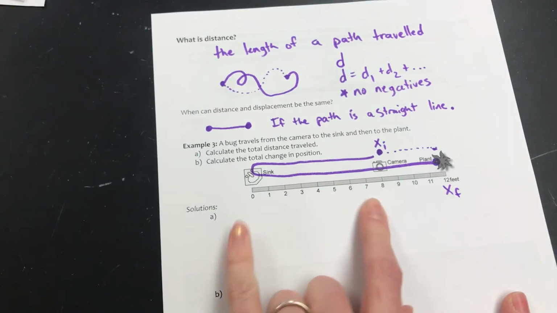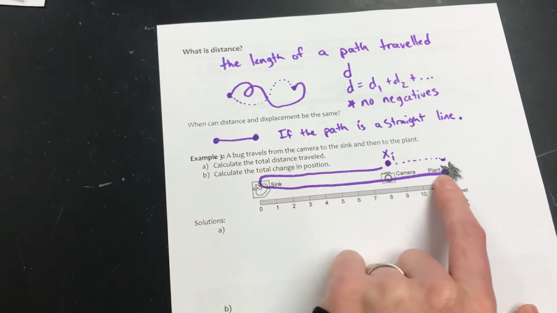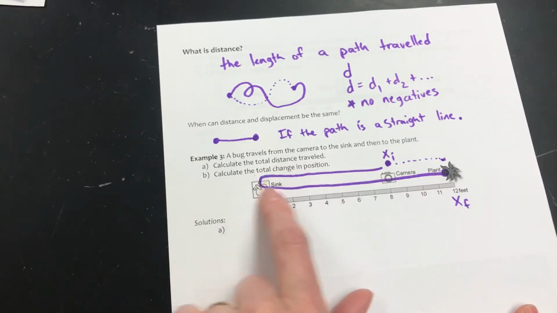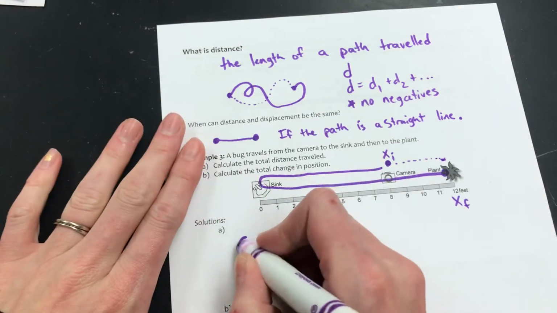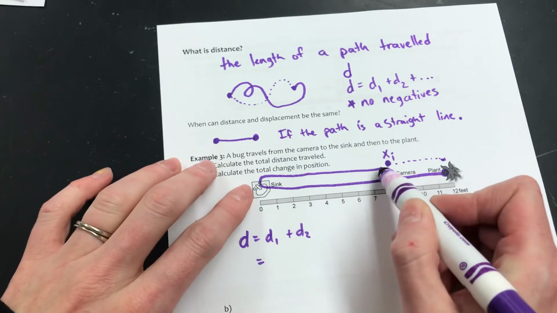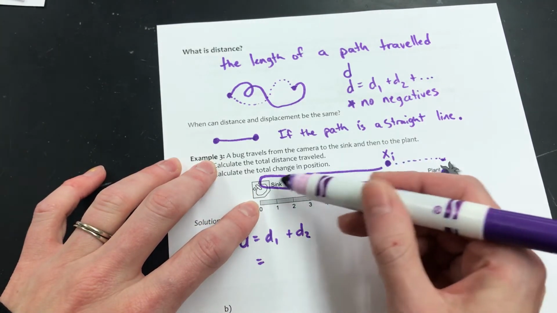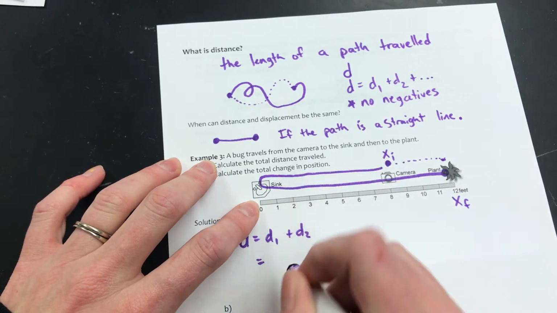Okay, so we want to find the distance traveled. What we're looking for is the length of this line. Hopefully you can see that I can measure it in 2 pieces. In the first piece, I'm going from the 8 to the 0. I know it's going in the negative direction, but I'm not going to include the negative.